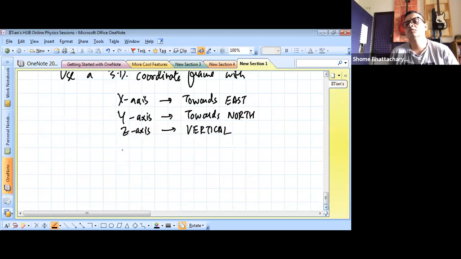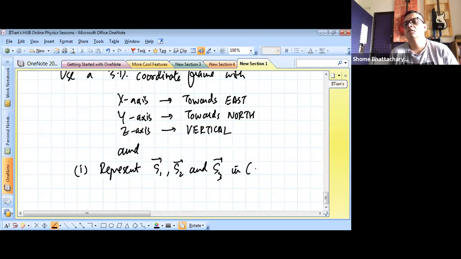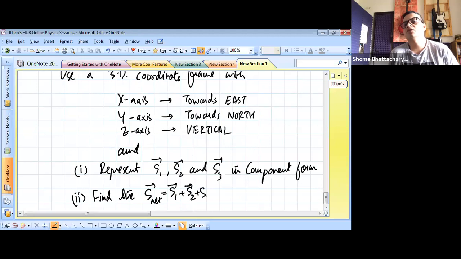And represent S1, S2 and S3 in component form. And second, find the net displacement, which is the sum of these three, and its magnitude.